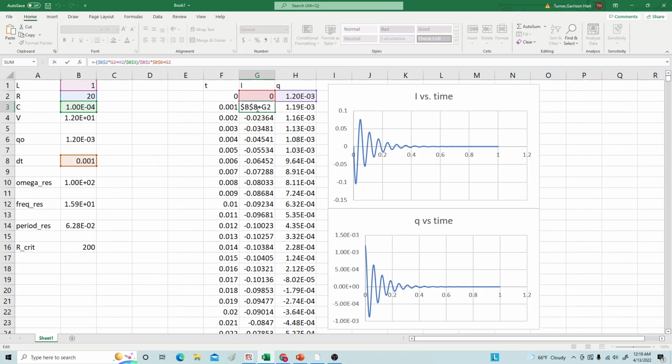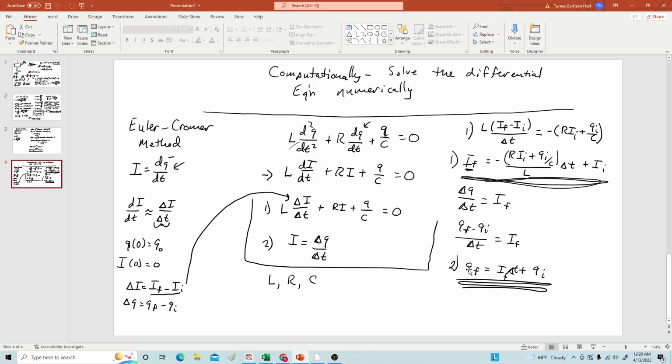So once you have that programmed in, you can just hit enter. Okay. And if you haven't clicked and dragged all the way down, you won't see anything in these cells here. And then you can come over here to the charge column and input this formula. Your final charge is equal to your final current that you just calculated.